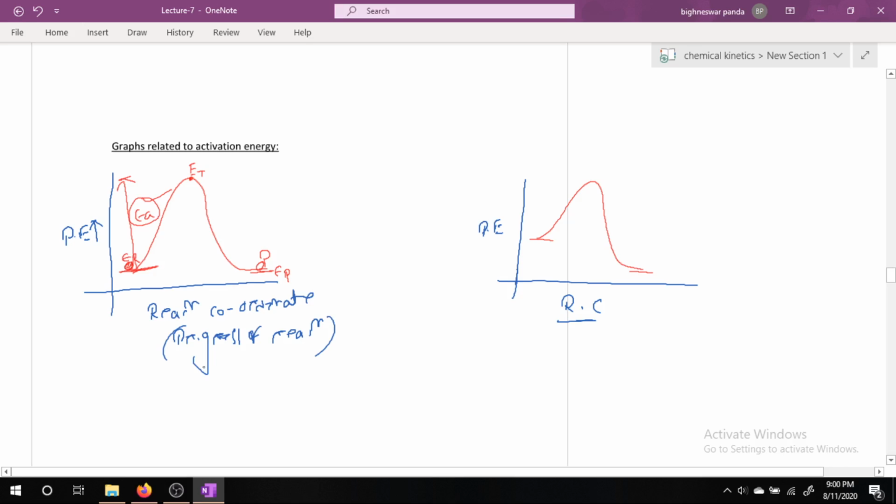Here I can say delta H is equal to EP minus ER, and this is ER and this is EP, and ER has energy more than EP. So I can say that delta H greater than 0 and it is endothermic.